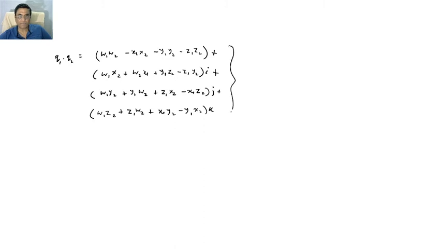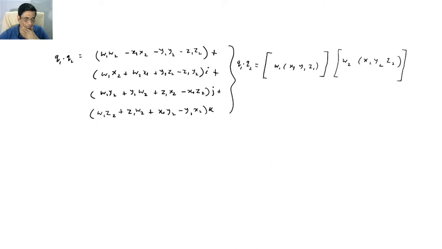Okay, so this in simplified form can be written as w1, x1 y1 z1 and w2, x2 y2 z2. So Q1 Q2 equals this.